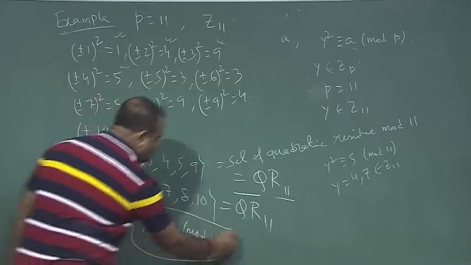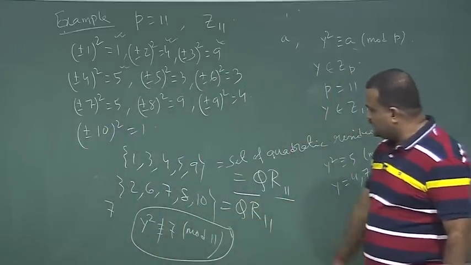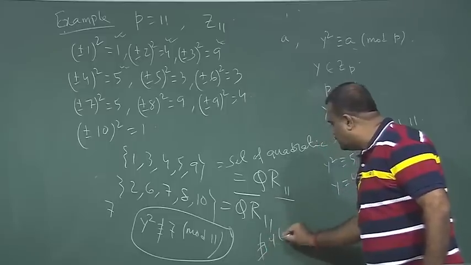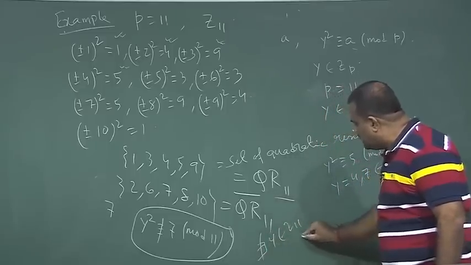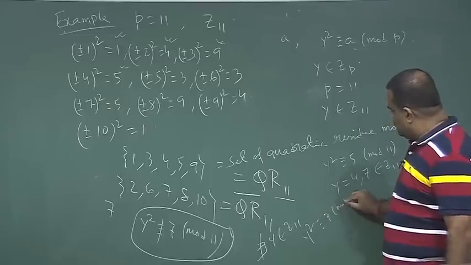So this system has no solutions, because there does not exist y in Z 11 such that y square will give us 7 mod 11.